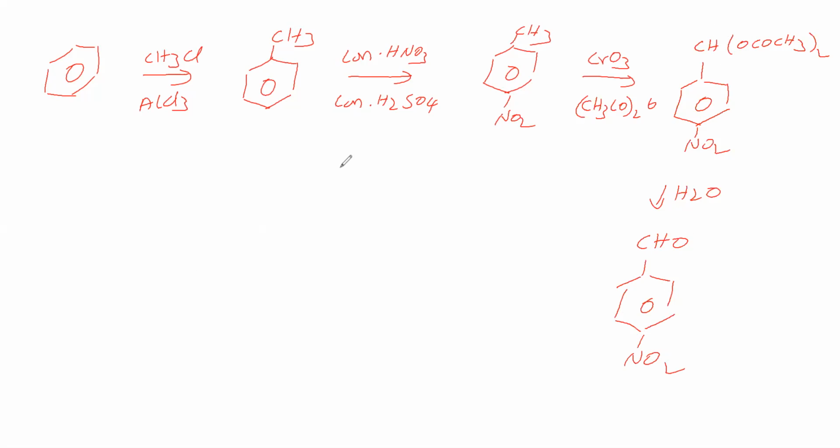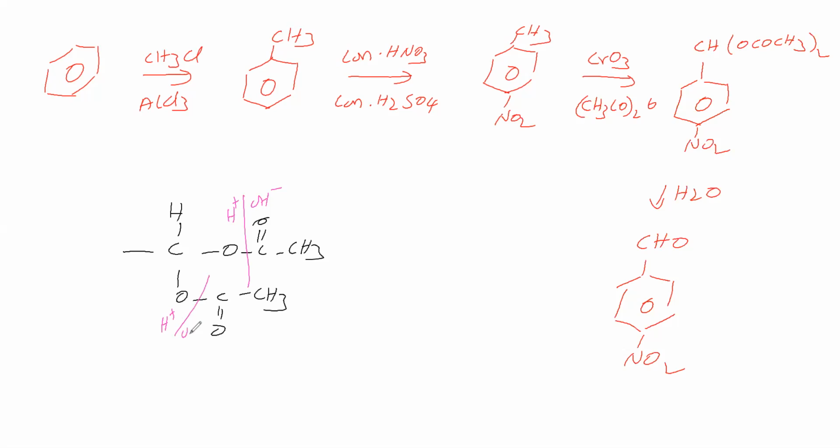Now we will see this group. CH is there, then OCOCH3 is present two times. This is taken for hydrolysis. Here H plus, here OH minus, so it goes out as acetic acid.